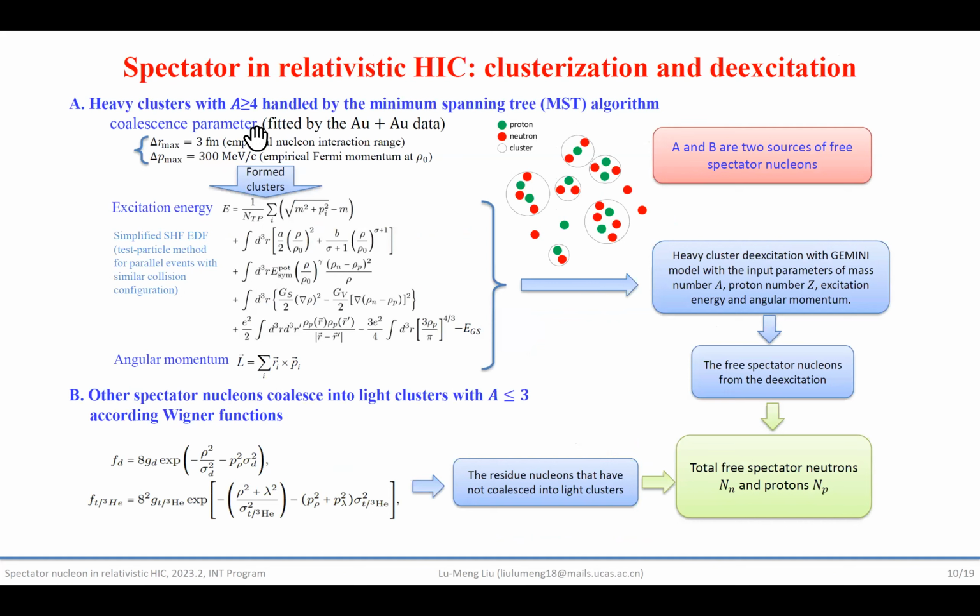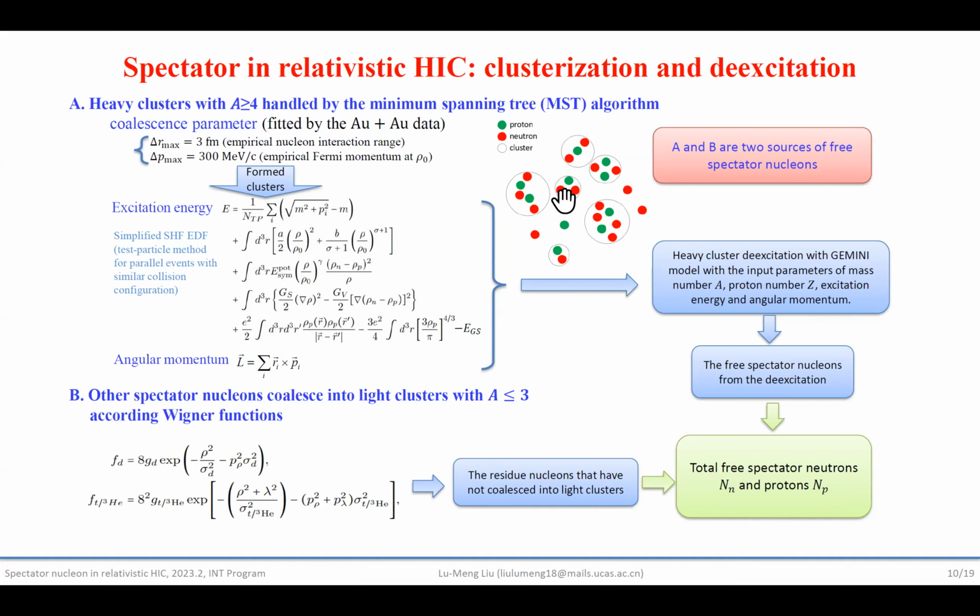Now we already have the total phase space information of spectator matter for every collision event. These spectator matter are further grouped into heavy clusters and free nucleons based on a minimum spanning tree algorithm.